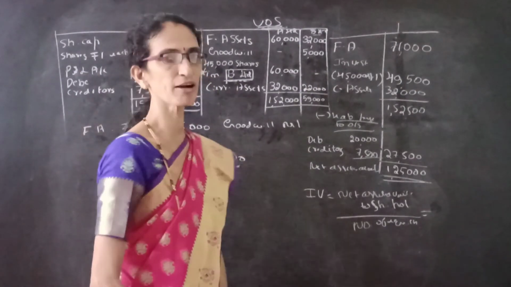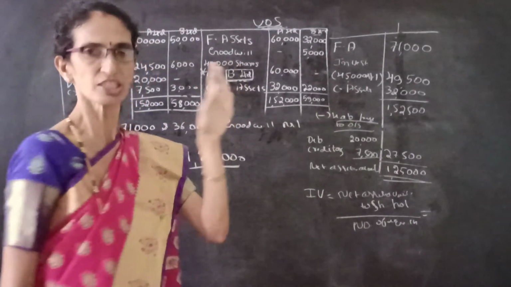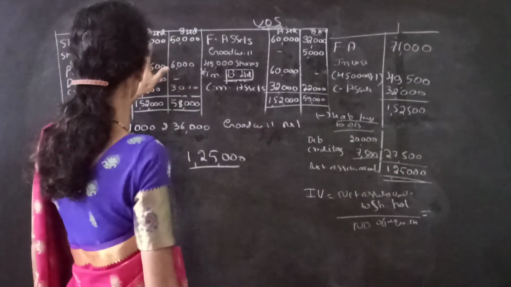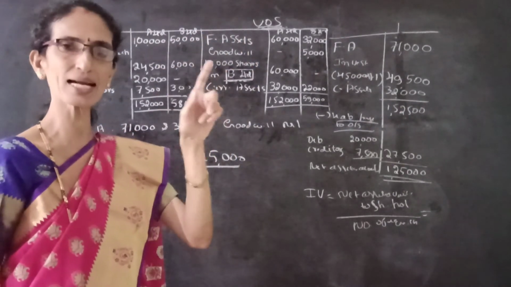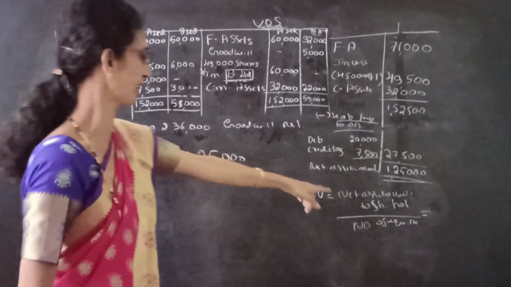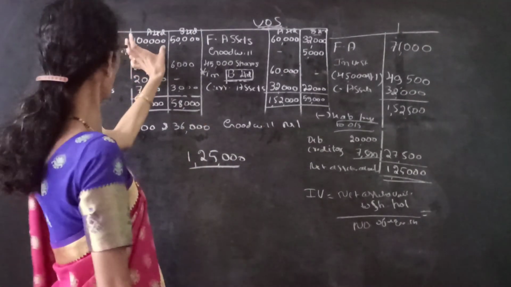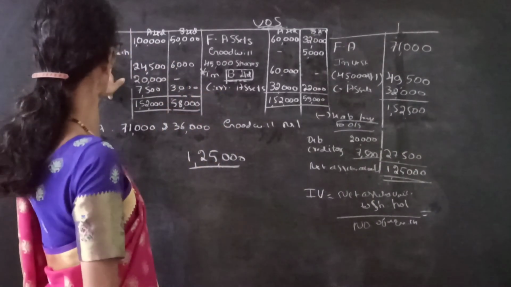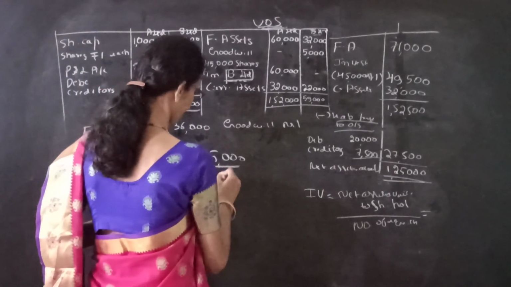Divided by the number of equity shares. See the balance sheet under share capital, it is given shares of rupees 1 each. So the face value of one share is 1 rupee. The amount given is 1 lakh. To get the number of equity shares, we divide the capital amount by the face value of the share. So 1 lakh divided by 1 is 1 lakh.